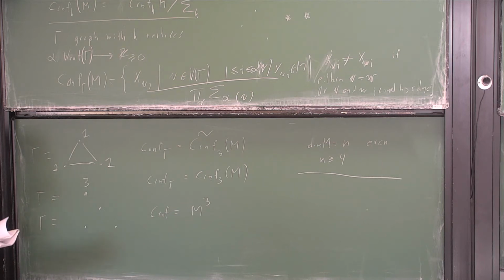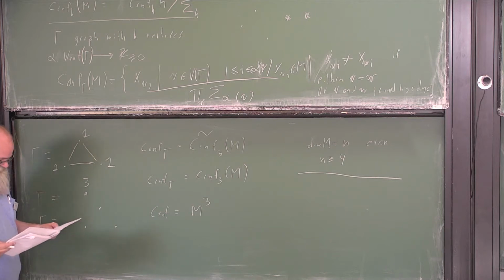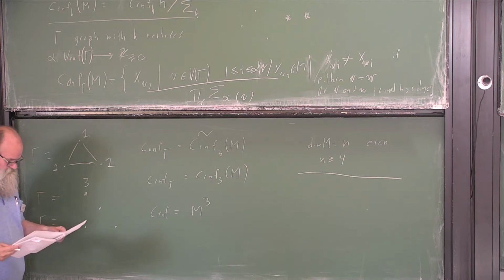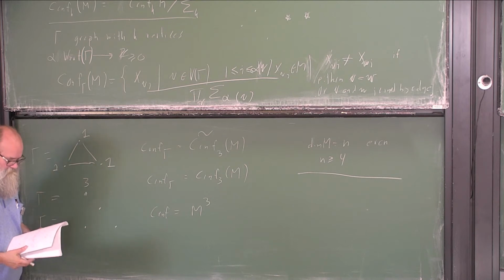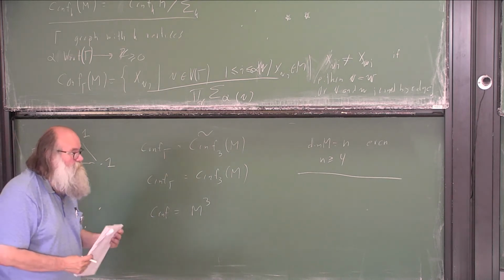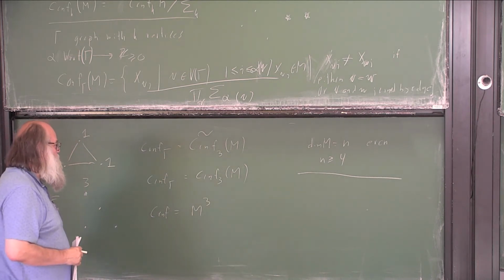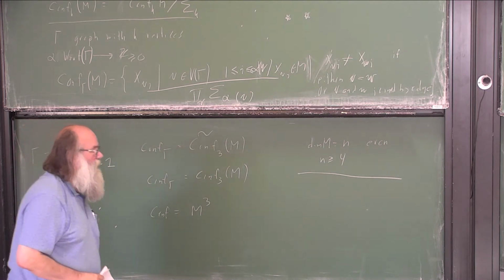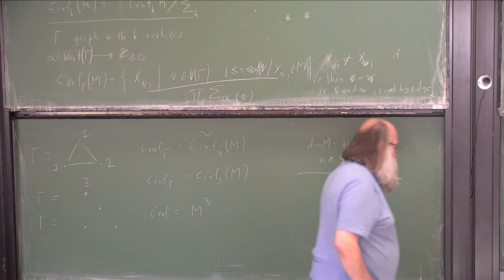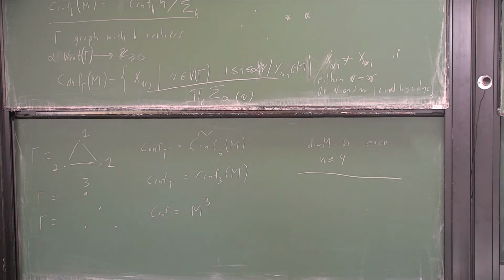For example, when there's one point, you can think of it as vortices on the line bundle. And then there's a way of understanding the unordered configuration space as the symmetric product of M. So this gives some inequalities.